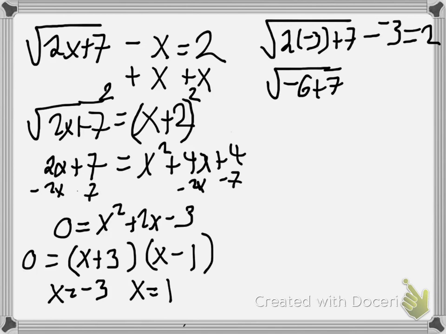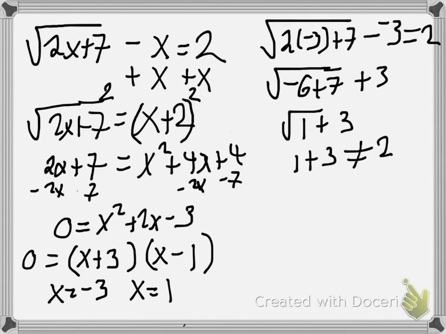And this minus negative 3, I hope you all realize that that's plus 3. So negative 6 plus 7, so that's the square root of 1 plus 3. Well, 1 plus 3, ladies and gentlemen, is not equal to 2, is it? So is negative 3 an answer? No. It is an extraneous answer.